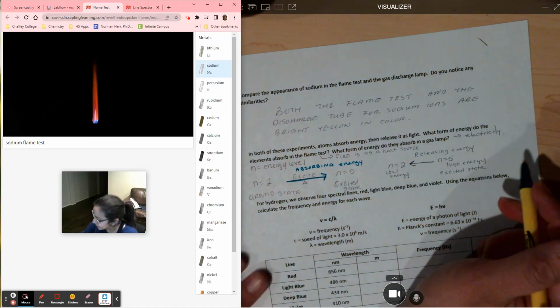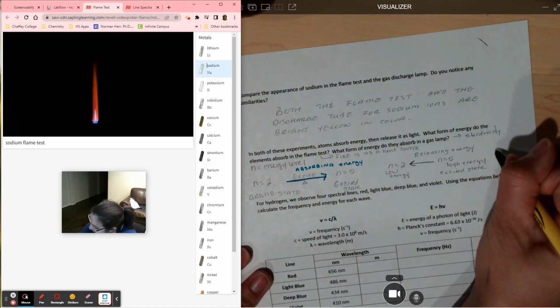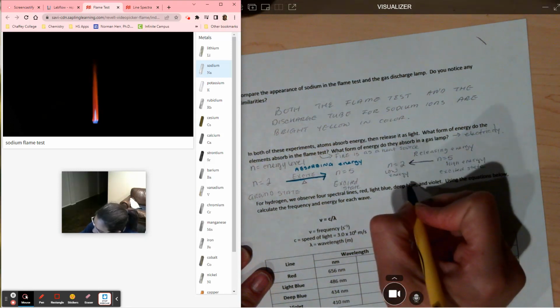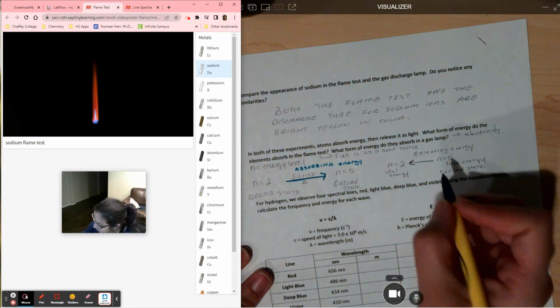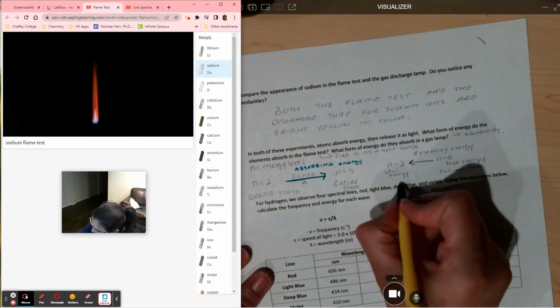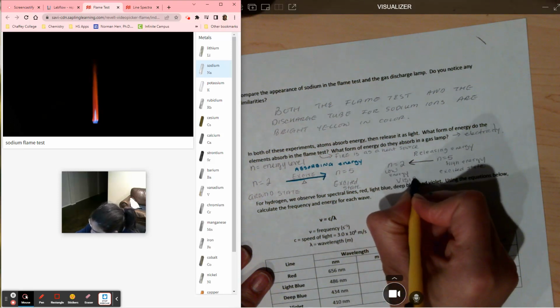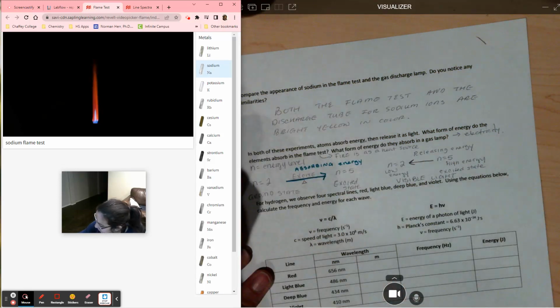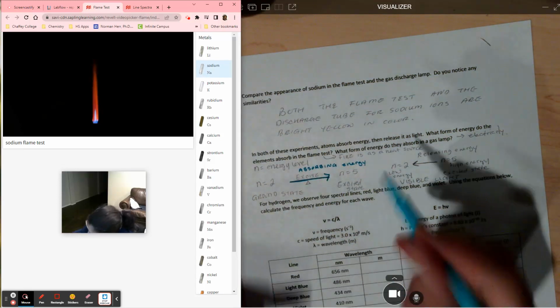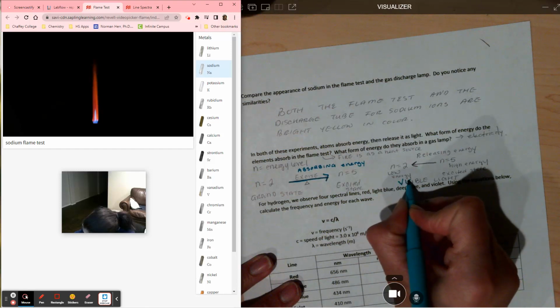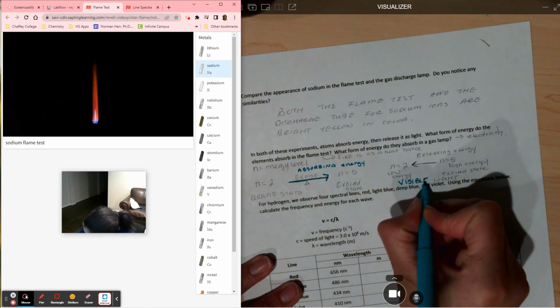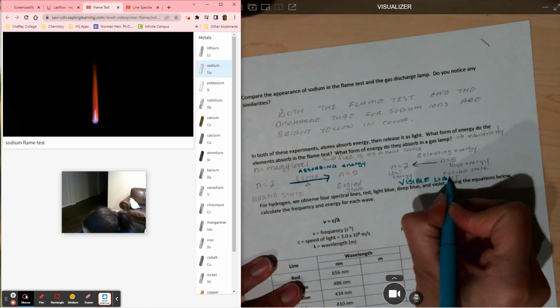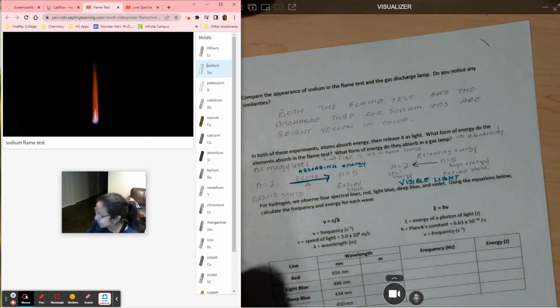And when this happens, during the release of this energy, we see light. So this produces visible light. I think this is really cool. Well, if you think about it, your energy has to go somewhere, right?